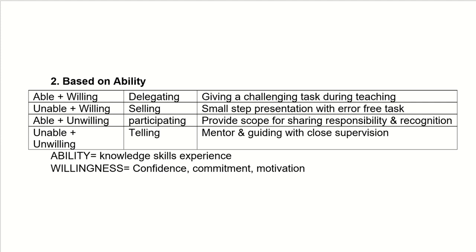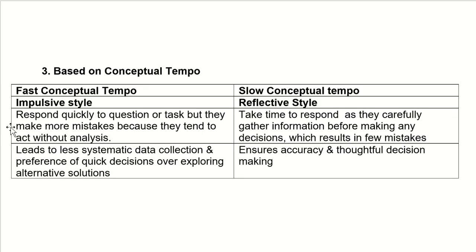Okay, so moving to the third type of learner, that is based on conceptual tempo. There are two types. First is the fast conceptual tempo, and the second is the slow conceptual tempo. The fast person is the one who responds to questions or even tasks very quickly.